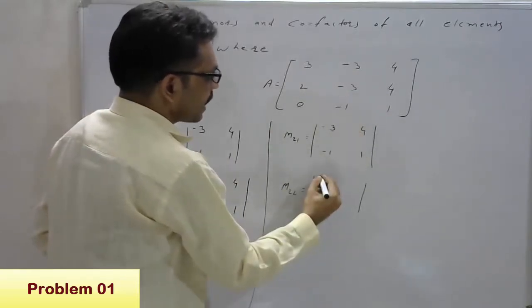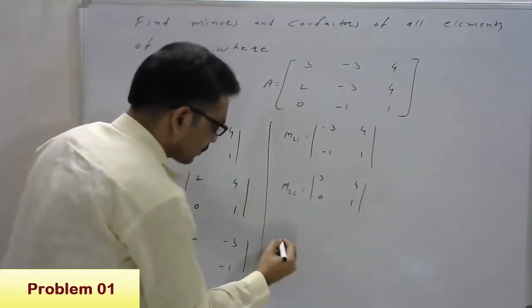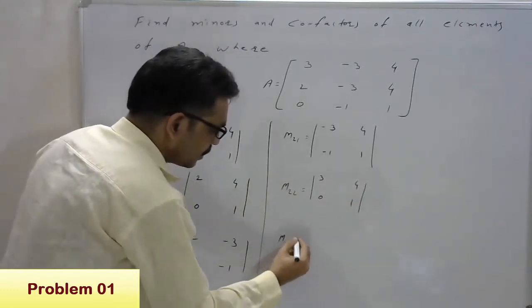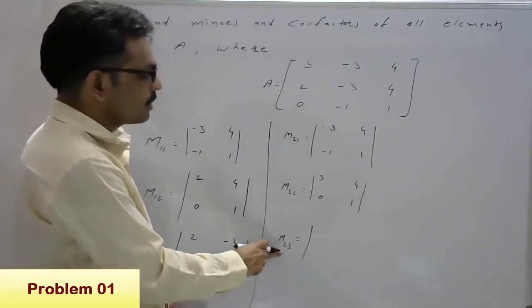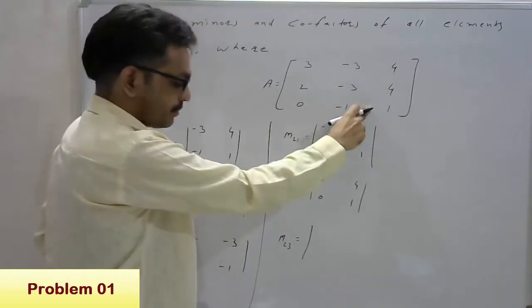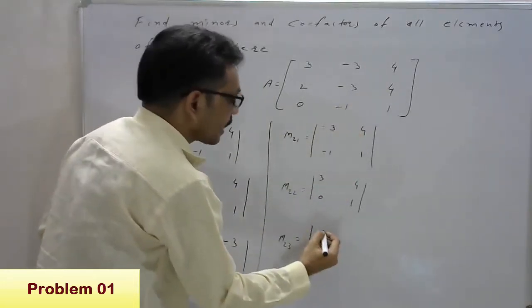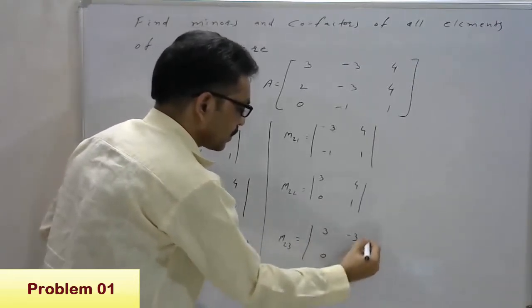Therefore, the elements are 3, 4, 0, 1. The minor M23 is obtained by deleting the second row and third column. Therefore, the elements are 3, -3, 0, -1.